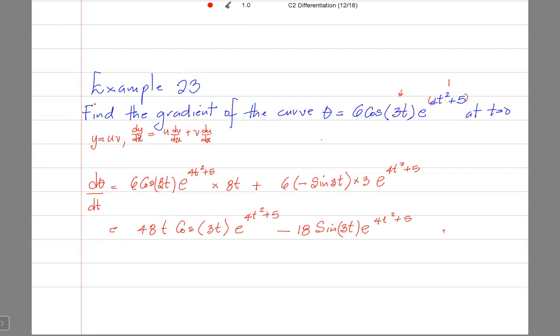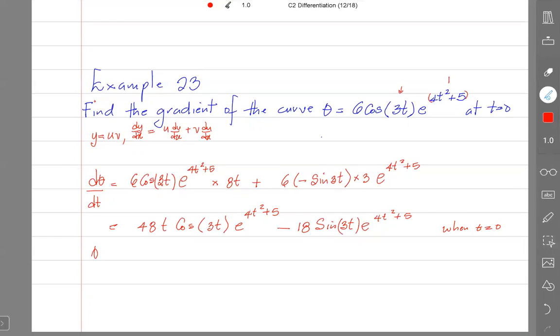Then I need to say what happens when t is equal to 0, d theta by dt would be equal to. So wherever I see t, I'm going to take it out and put 0.